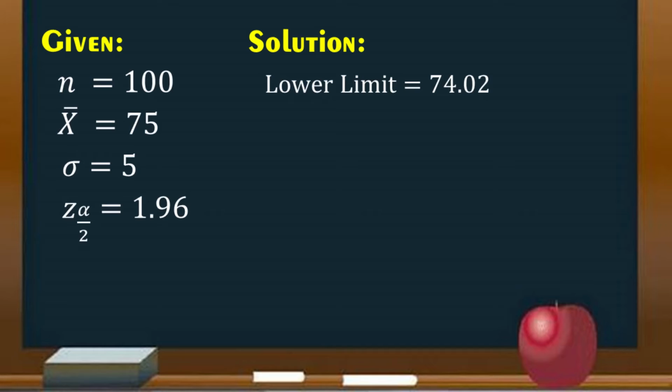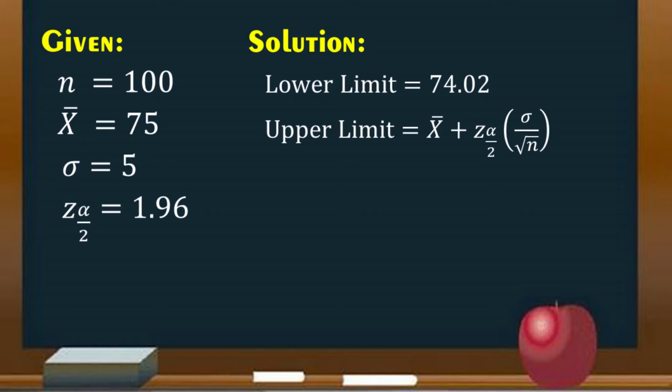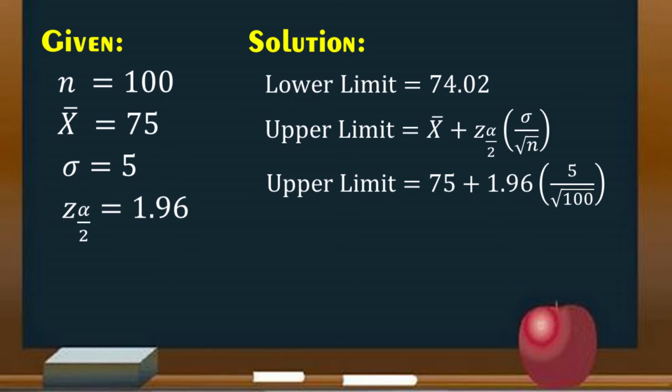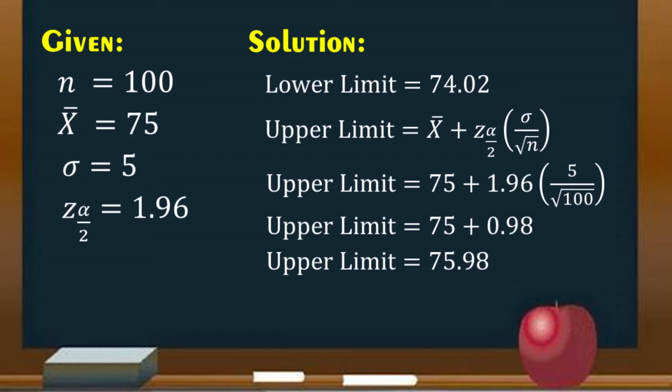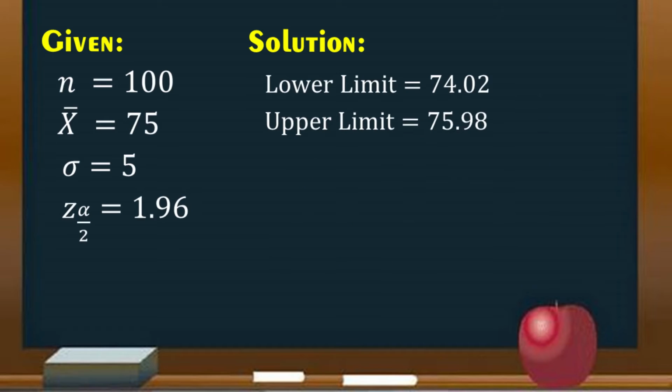This time, solve for the upper confidence limit. Again, substitute. Then simplify. The upper confidence limit is 75.98.